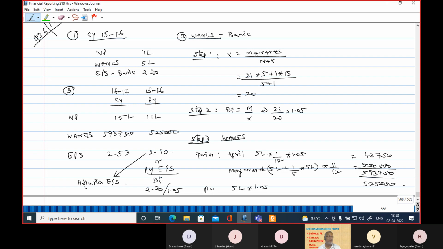That is an EPS that was already developed, which got adjusted on account of an event which happened in the following year.